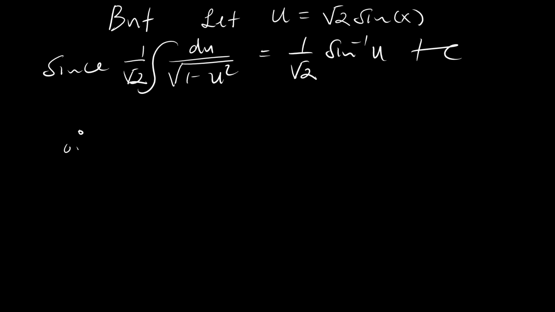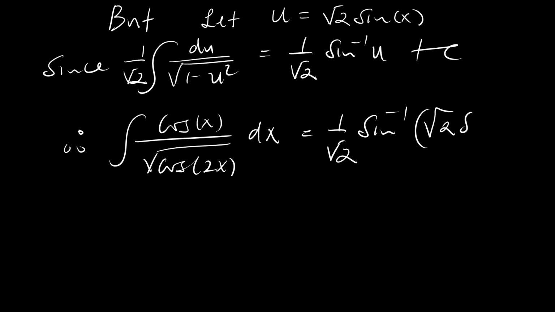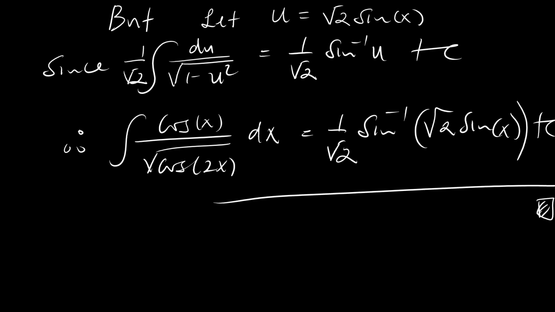Therefore, we're saying that cosine of x over the square root of cosine of 2x is equal to 1 over root 2 arc sine of root 2 sine of x plus c. And that was our final answer.